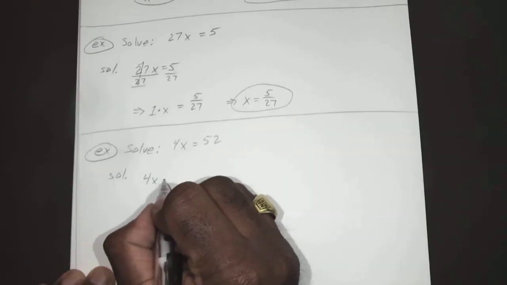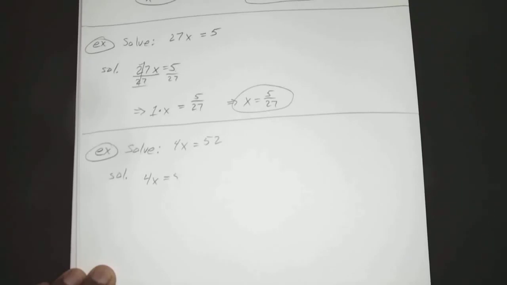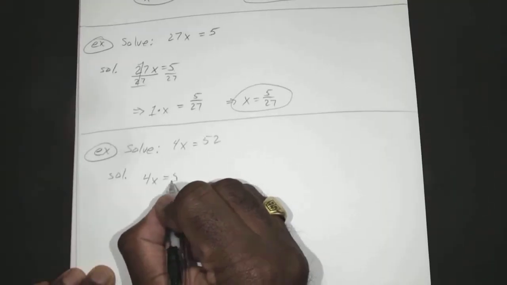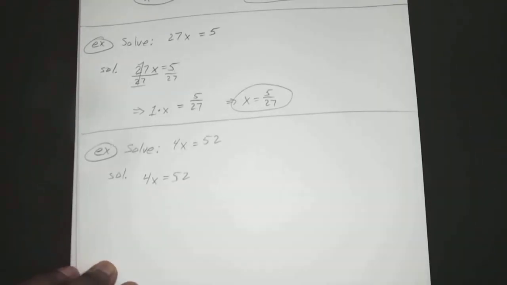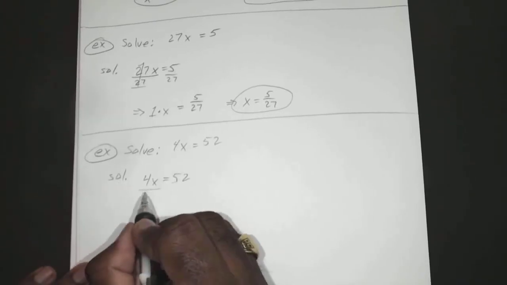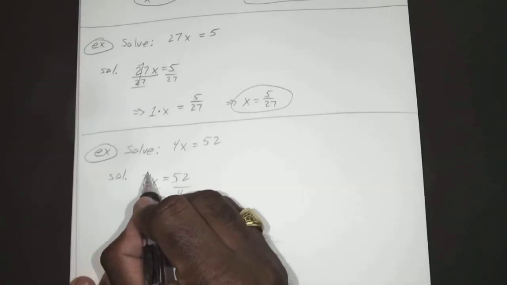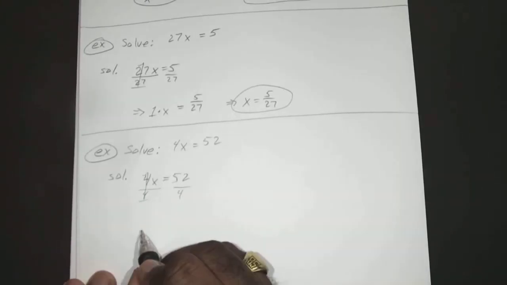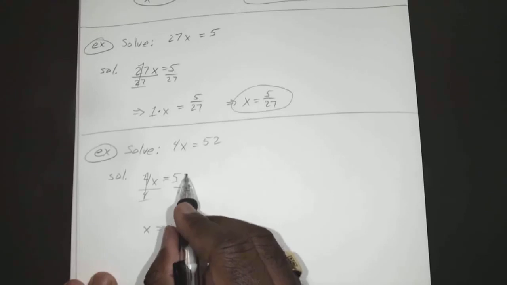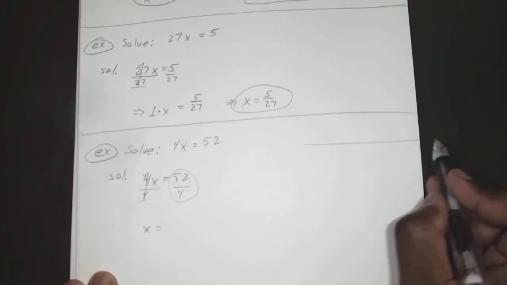So if you have your 4 times x equals 52, since you have a coefficient of 4, you just divide both sides by 4. Again, anything divided by itself is always going to give you 1. So x is going to equal 52 divided by 4.